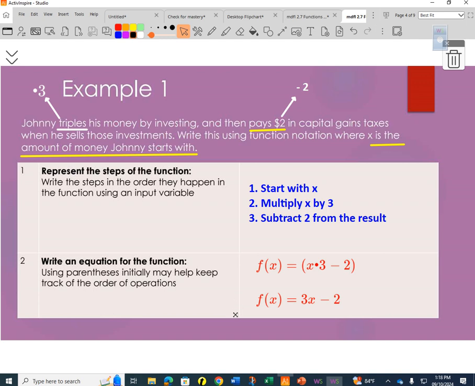So if his initial investment was $100, we could do f of 100 equals 3 times 100 minus 2, and you'd have his total, his net investment, or his profit.